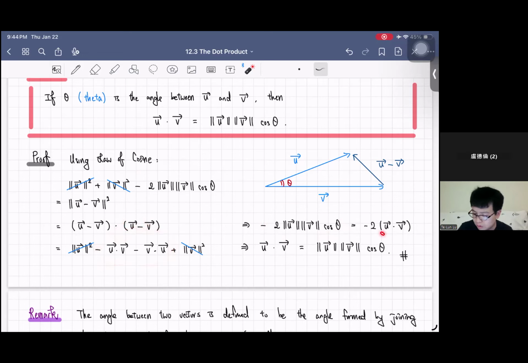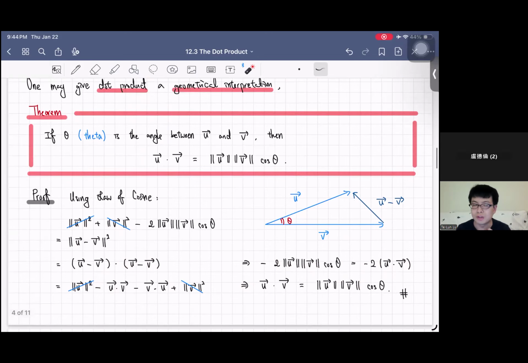So it is minus 2 U dot V. Okay. So now you can cancel out the minus 2, and you get U dot V equal to this, which is what we want to prove, right? Okay, so that's how we prove the formula. Basically, it depends on the law of cosine, but the takeaway is that the dot product between two vectors is always equal to the magnitude of one vector multiplied by the magnitude of the other vector multiplied by cosine theta, where theta is the angle between those two vectors.